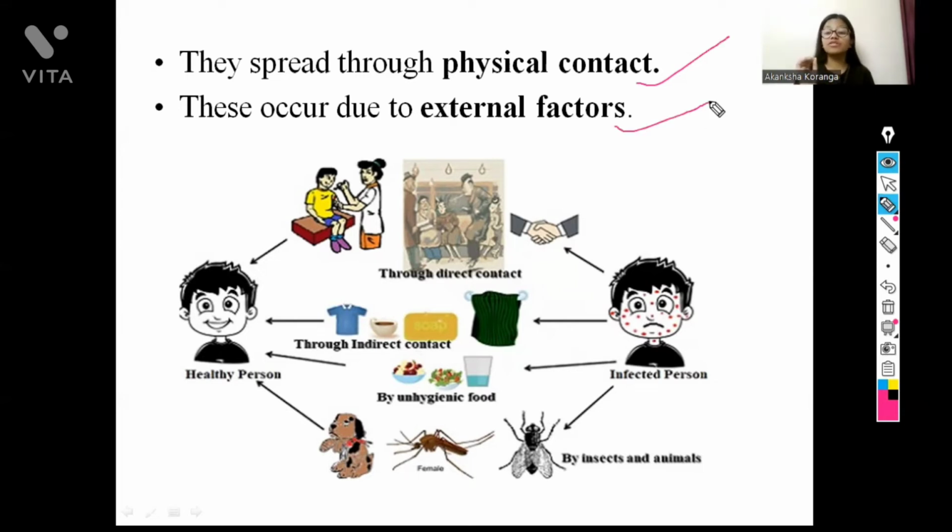Now these both points we will see in this picture. If this is a healthy person and this is an infected person, we can say this infected person is suffering from chicken pox as they have red spots on their body.